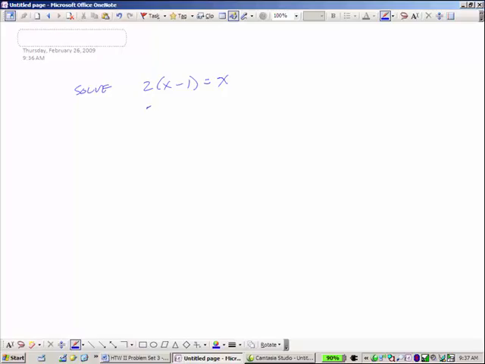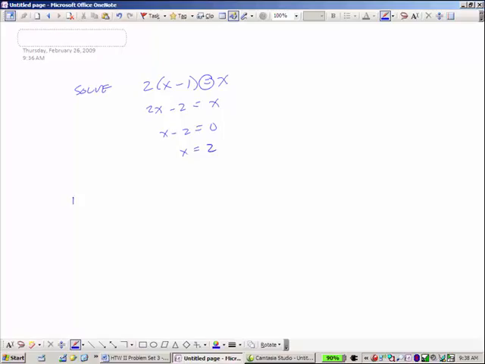So if I were to do this, I'd do what? 2x minus 2 equals x. Then I'd subtract x from both sides to get x minus 2 equals 0, and then get x equals 2, right? Is that okay? I got an answer, and I did things. I added 2 to both sides of the equation. I did things to both sides, and that's okay because I know that equality is true.